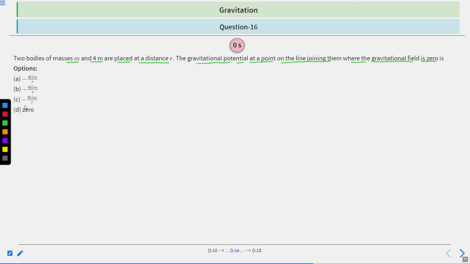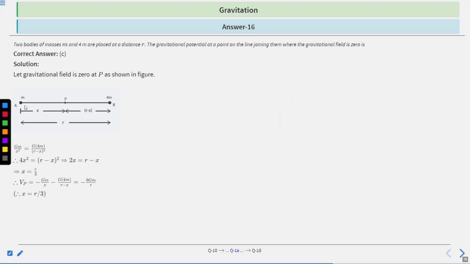Let's find a solution. So let the gravitational field be 0 at point P. This is point P. Suppose here the gravitational field is 0. Clear? So we know Gm upon x square is equal to G 4m, this is the mass of the second body, divided by r minus x whole square, this distance.